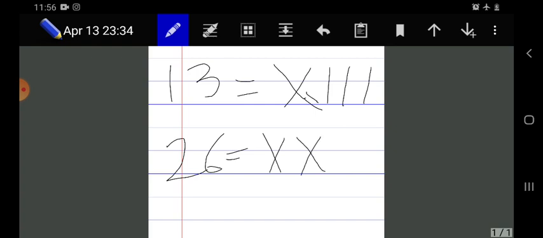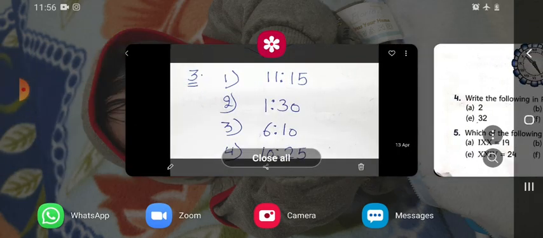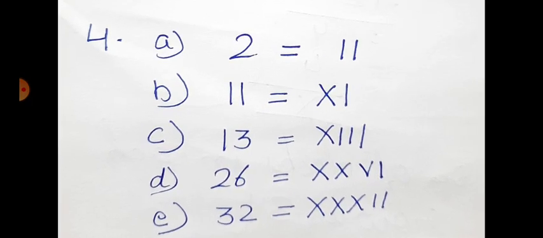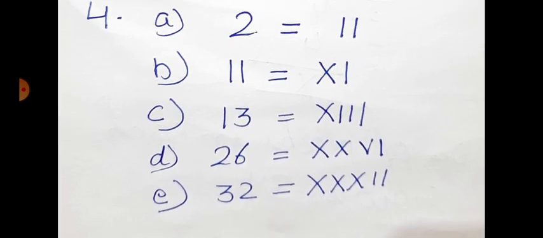X X V I. So here it is XXVI, that is 26. Next is 32. For 32 we will have to put three X's, that is XXX, then two I's. So it will become 32.